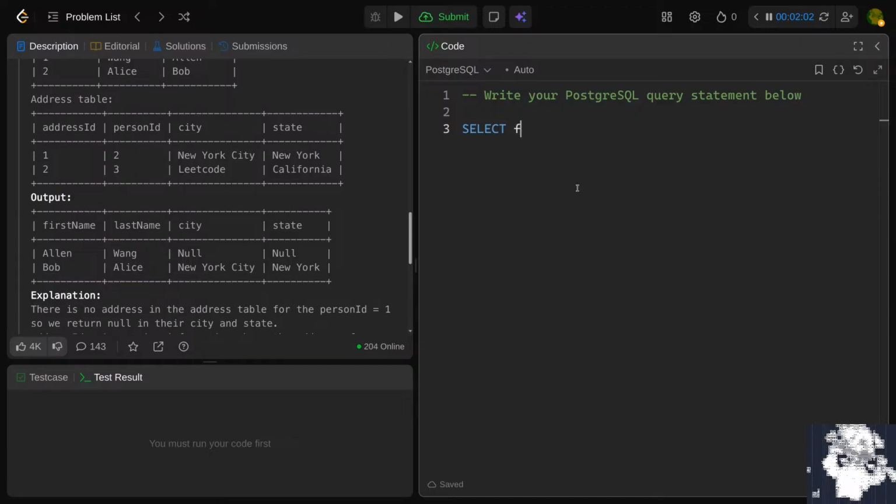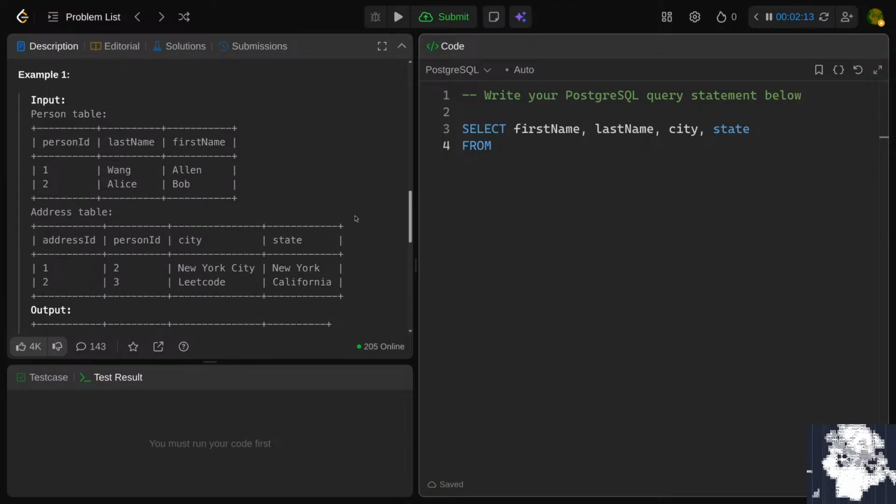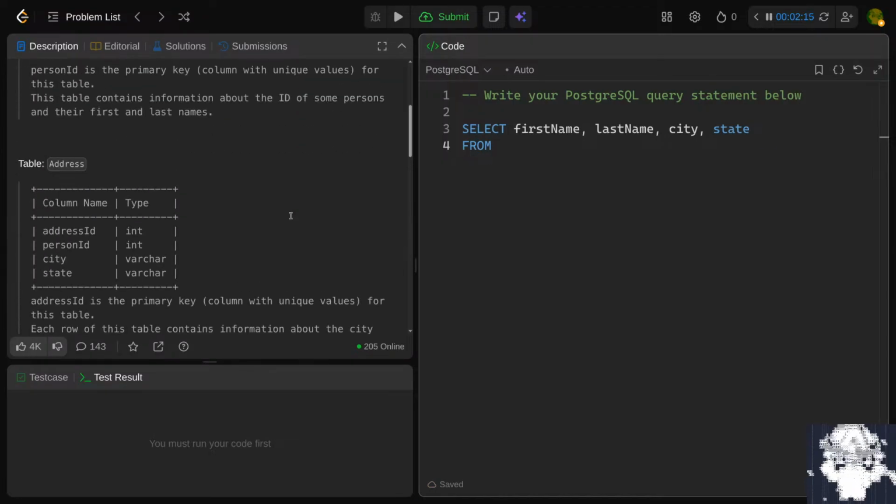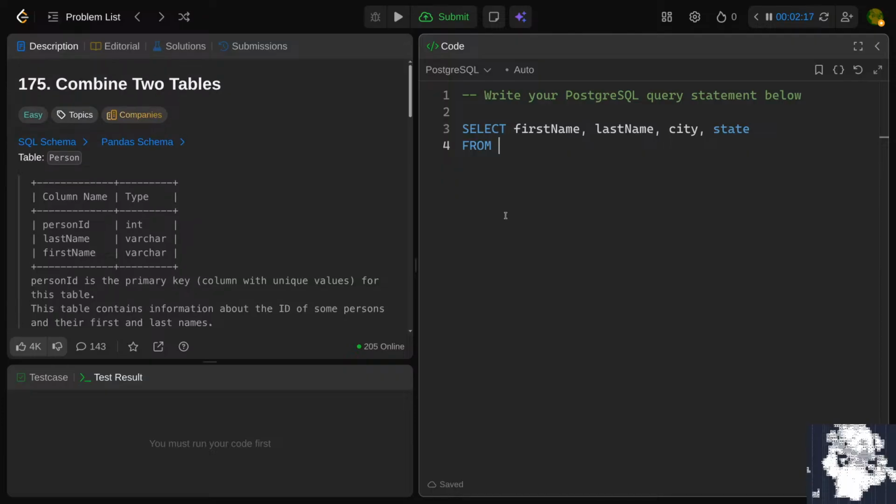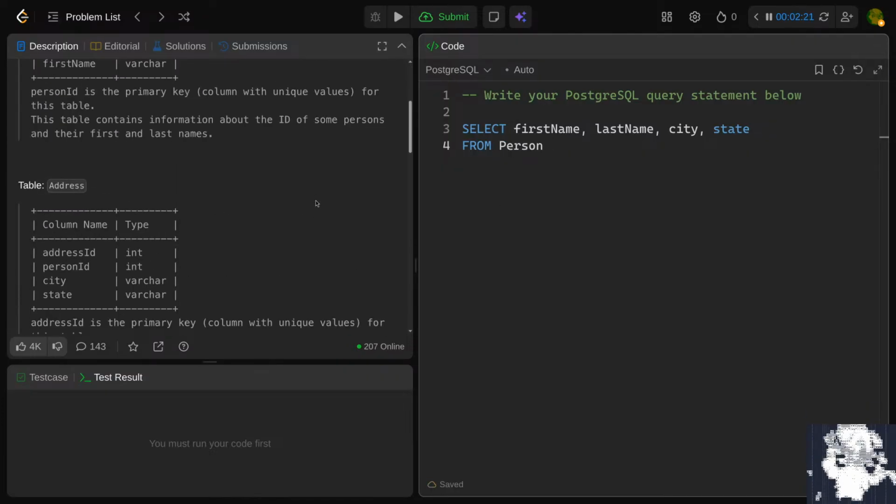So select first name, last name, city, and state from the tables called person and address.